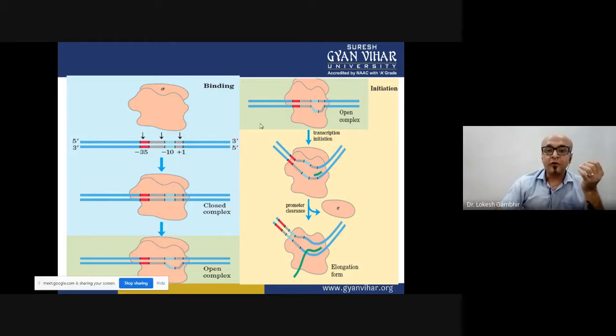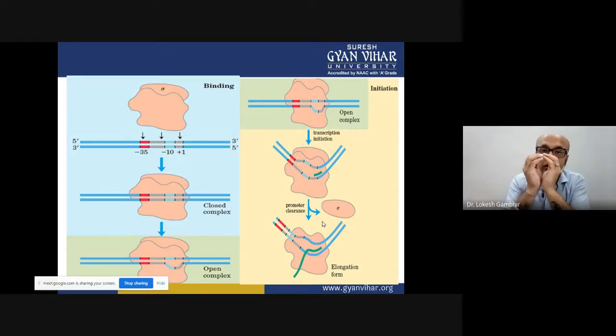Once the open complex is formed, then transcription is initiated. It will recognize the first site and it will add the guanosine preferably at this particular site, depending upon the complementarity. Once a short stretch is synthesized till here, the sigma subunit is released, and then this RNA polymerase will start synthesizing the rest of the RNA molecule.